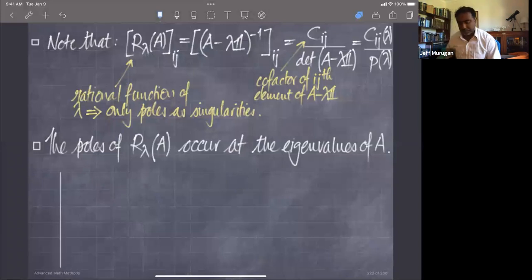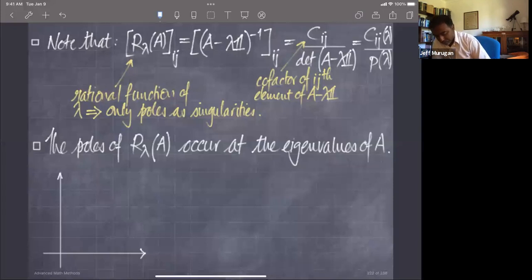So let's take the complex lambda plane. And I want to consider all of these poles, and in particular, remember we chose the contour gamma such that it encloses all of these poles.